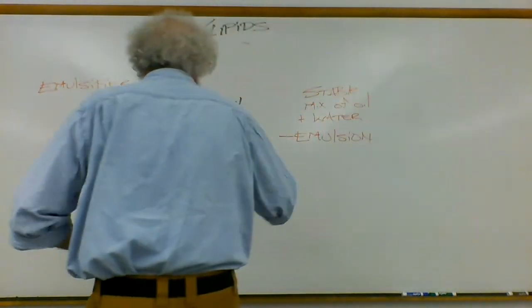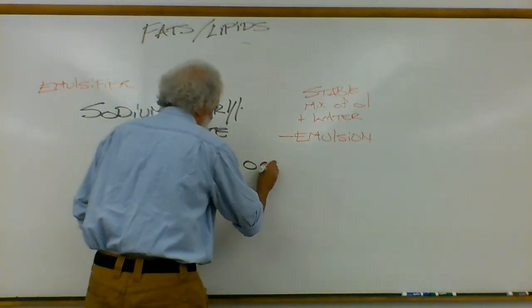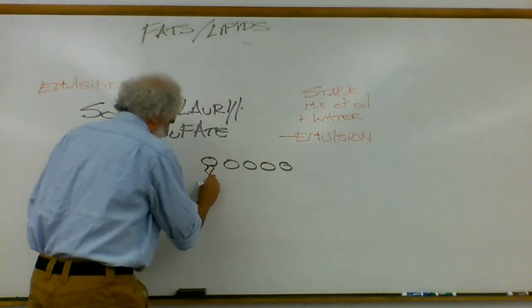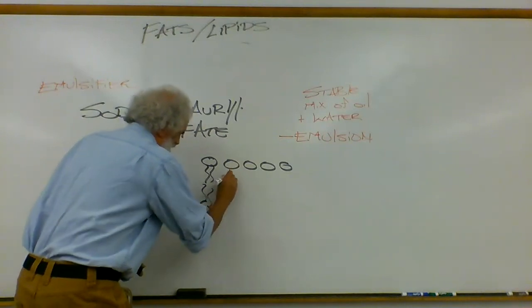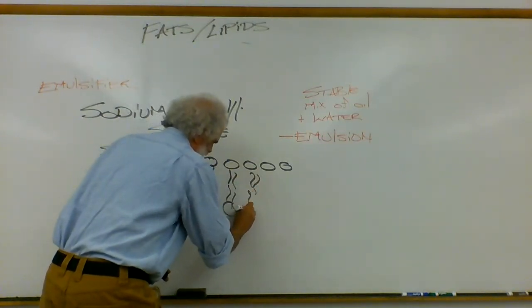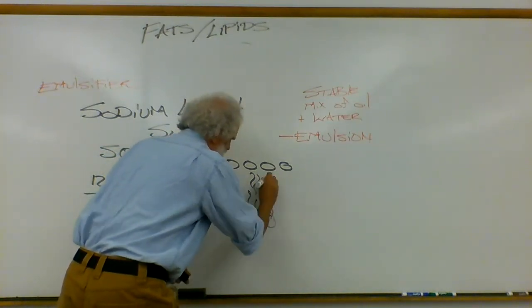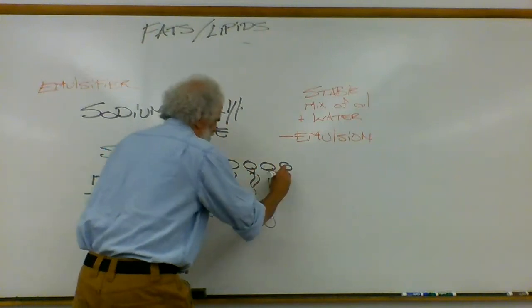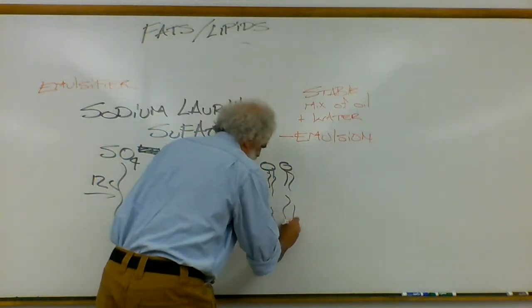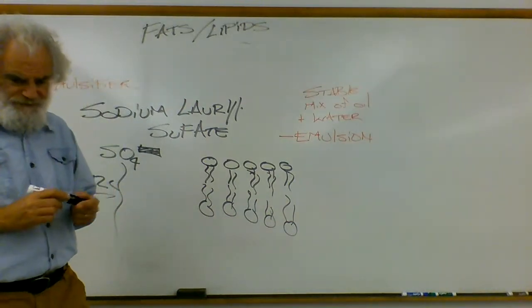And they form like this, where you've got the phosphate head sticking out, and then the fatty acid tail sticking in, and you form what is known in the business as the phospholipid bilayer. And this is what the cell membrane is made up of.